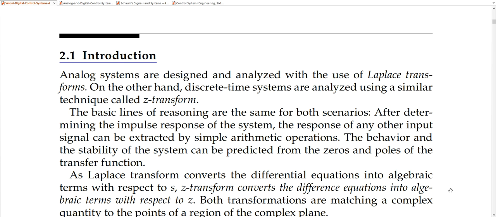The basic lines of reasoning are the same for both scenarios. After determining the impulse response of the system, the response for any other input signal can be extracted by simple arithmetic operations. The behavior and stability of the system can be predicted from the zeros and the poles of the transfer function.